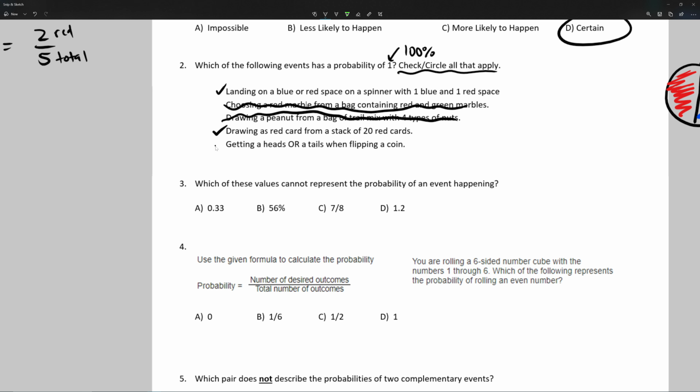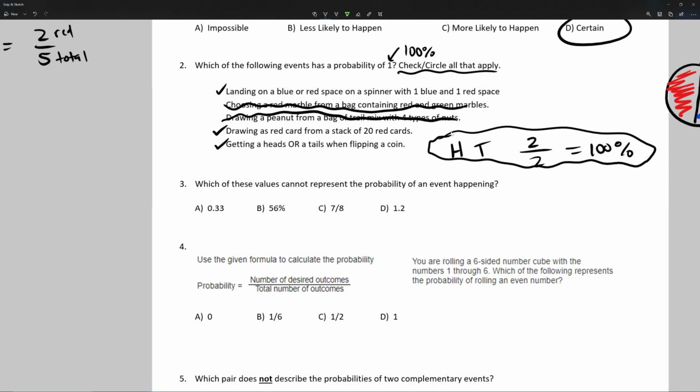Same thing, getting heads or tails when flipping a coin. Well, is there a third side to a coin, or is it only heads or tails, right? There are two desired outcomes, either one, out of the two, that's 100% as well. Okay, nothing too crazy. Even this, I would argue, I'm always happy if students are showing work and thinking on paper, but even that is a bit of a stretch. It's sort of intuitive. We understand, oh okay, you're flipping a coin, you can only get heads or tails, right?